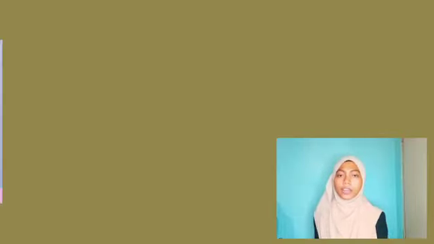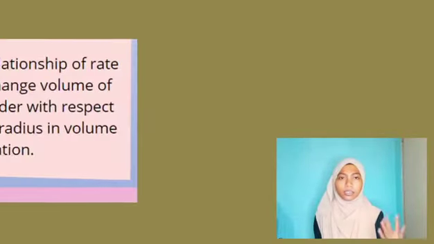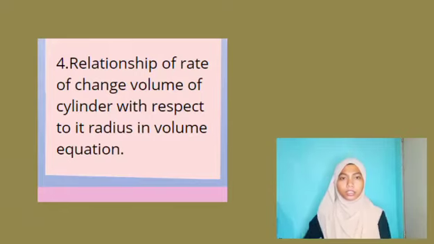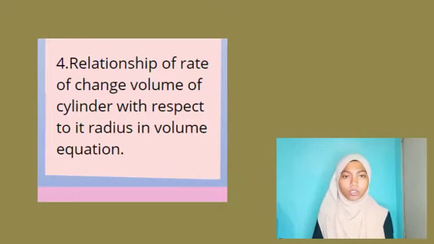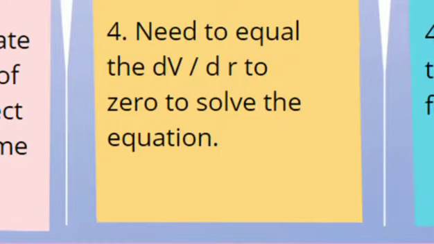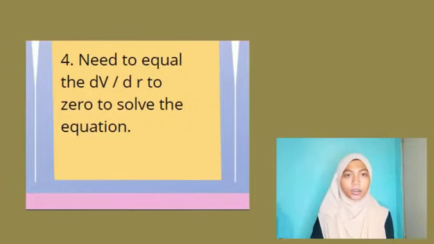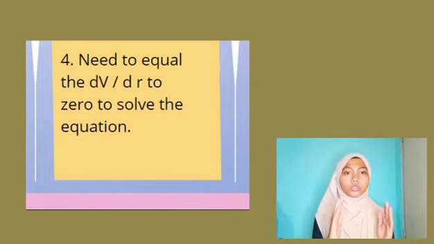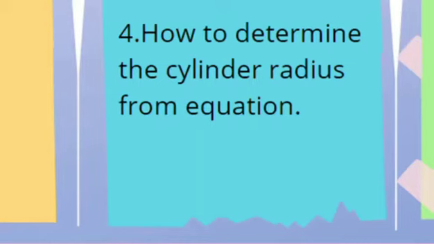So the last fact is there is a relationship between rate of change of volume with respect to its radius in the volume equations. So the idea is we need to equal the dV over dr with 0 in order to solve the equations.